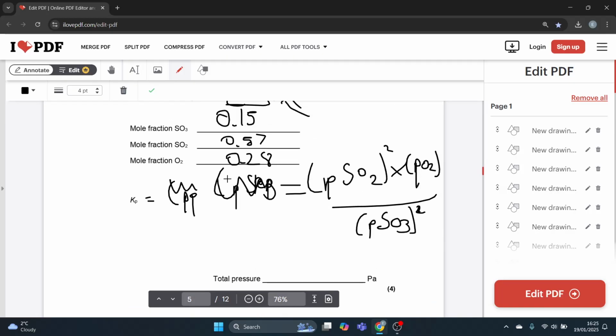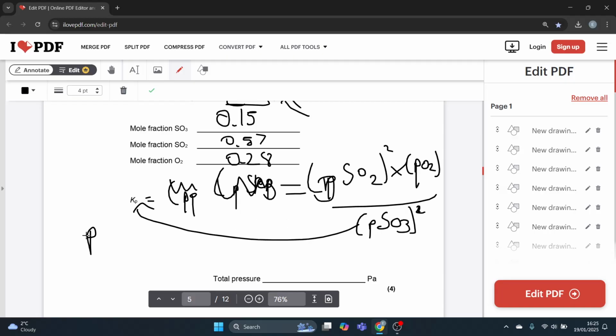So what I've got to do is Kp times by this divided by P of SO2 squared divided by P of O2, but I don't know the P's, so it's just going to be the mole fraction, and that will give me the pressure. So that's why I include pressure in this case.